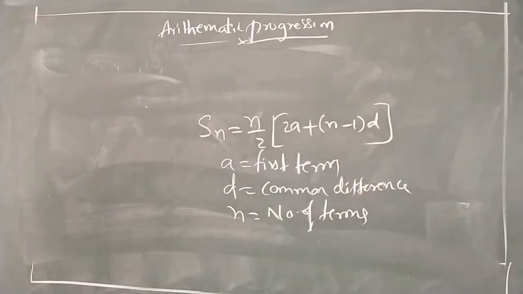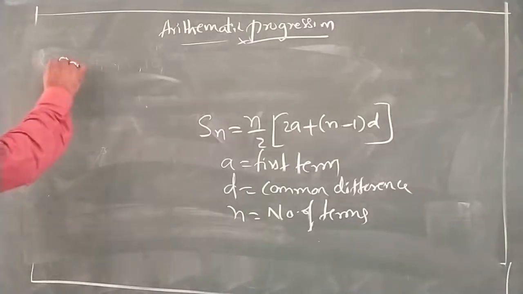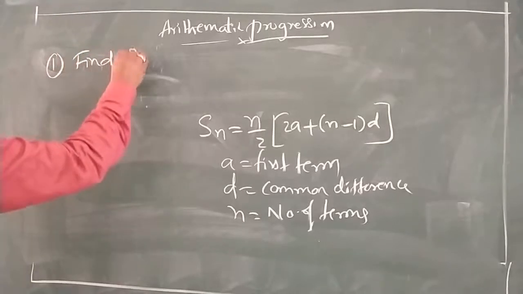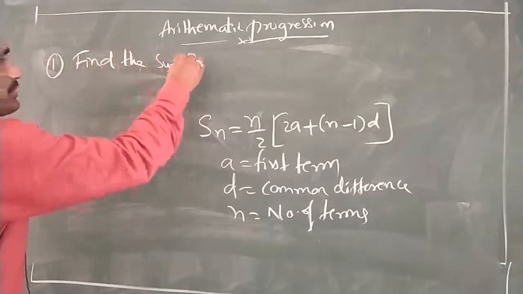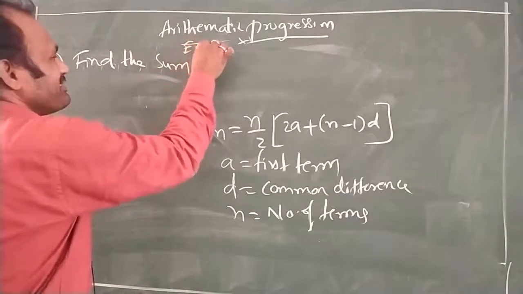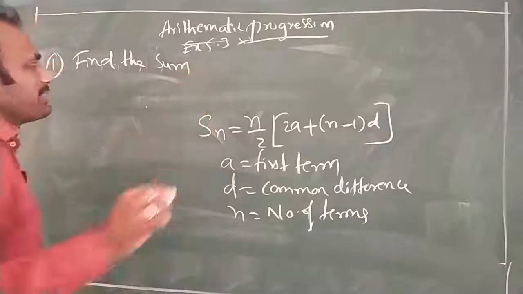Okay, let us take one question and let us solve this. How to do this as sum of n terms of AP. Question: find the sum of, it is exercise question, exercise 5.3.